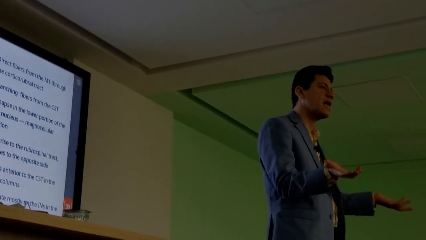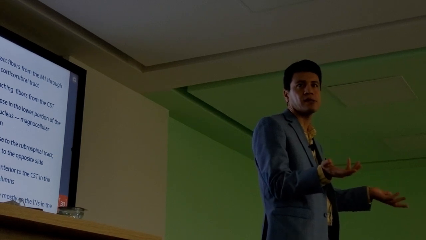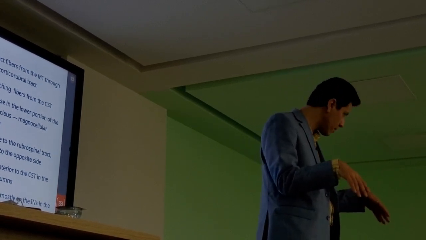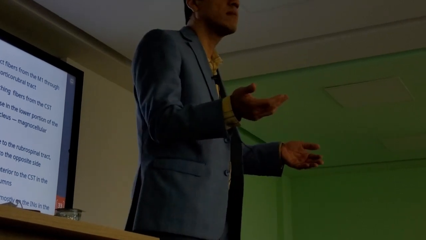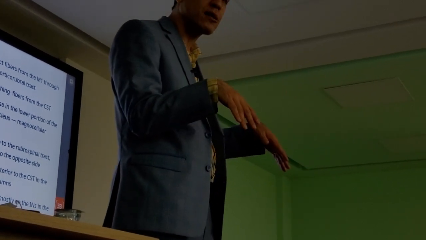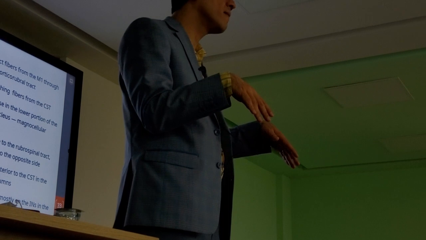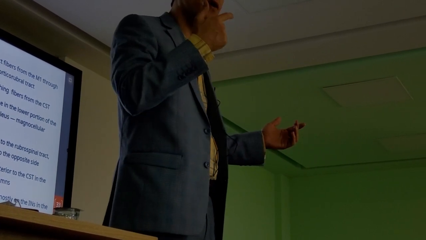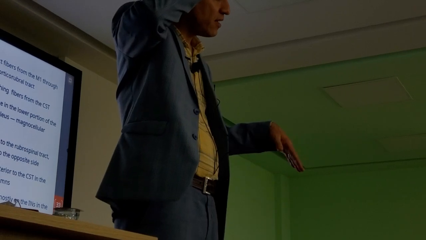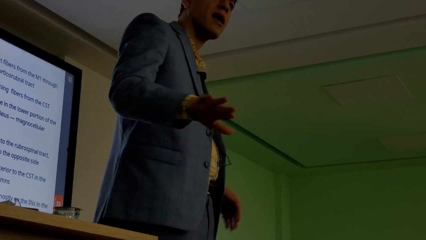The person is not able to move the hands and fingers. So we call this paralysis, right? It's flaccid paralysis. The muscles are relaxed, so there is no control over the muscles, right? Actually, this one is contralateral. If there is damage here, this hand is flaccid. If damage is here, this hand.